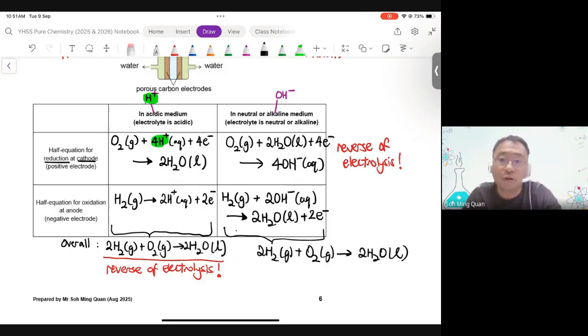Some of you were confused with ionic and covalent bonding, remember? You may still be confused with ionic and covalent bonding. So this is another point of confusion. Okay, electric cells are the reverse, the opposite of electrolysis in every single way. Okay, now if we have taken this down, can you give me a thumbs up?